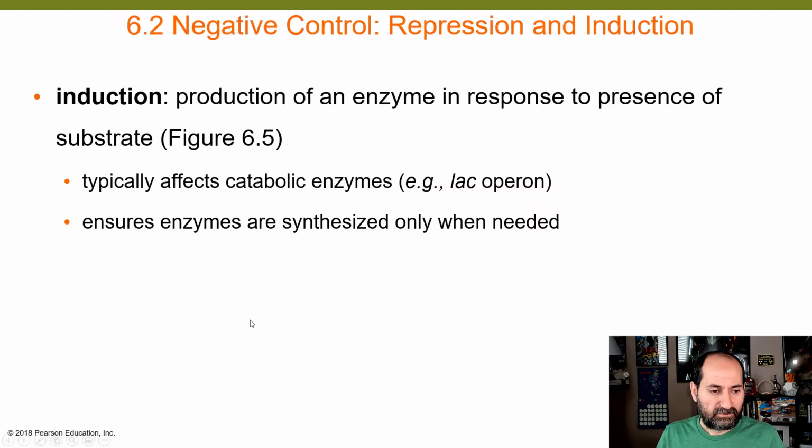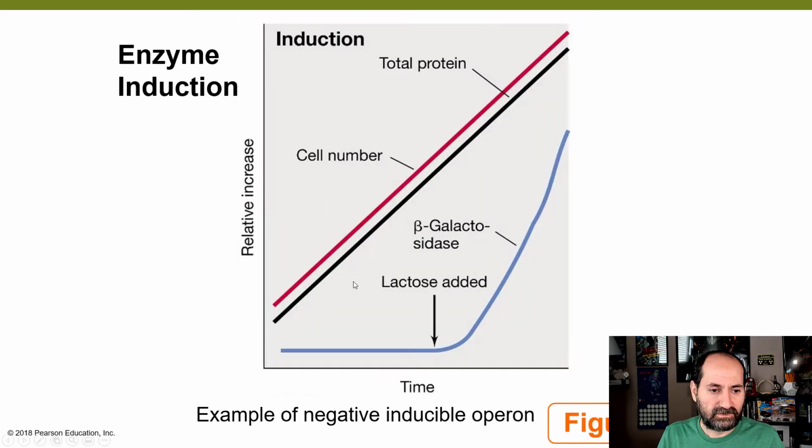Now look at this example. By the way, induction typically affects catabolic enzymes. Okay, catabolic enzymes means enzymes that break stuff down. So take a look here. Again, we have our example where total number of cells is increasing, total protein is increasing, and what you see here is you have no expression of the genes for the enzymes that break down lactose.